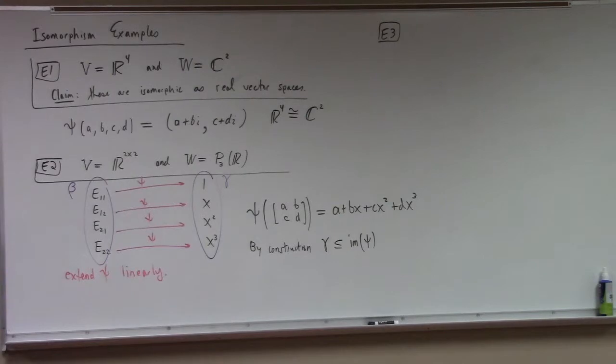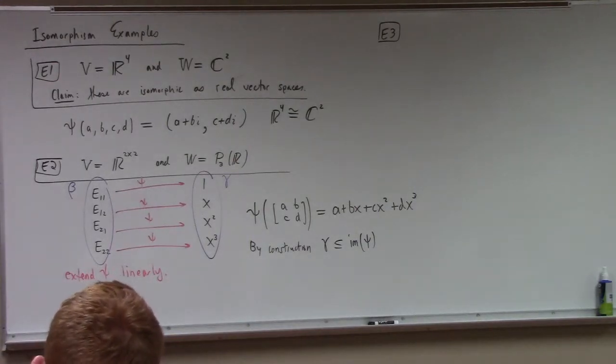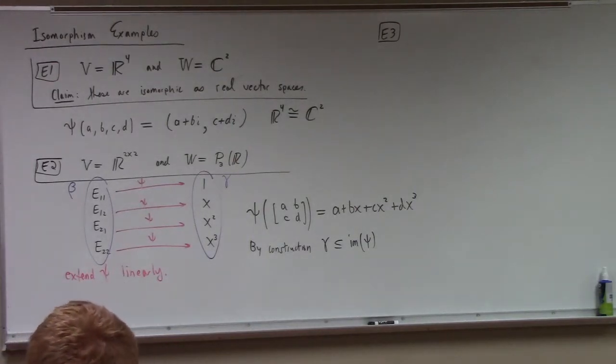But gamma is a basis for W. And the range is a subspace, right? So it's closed under spans. So the span of gamma is also a subspace of the image, but the span of gamma is all of W. So that proves that it's onto. So the fact that we're mapping to a basis gives us that it's surjective, right? Because we're hitting the basis non-trivially. Unlike my initial example, where this was not an isomorphism.